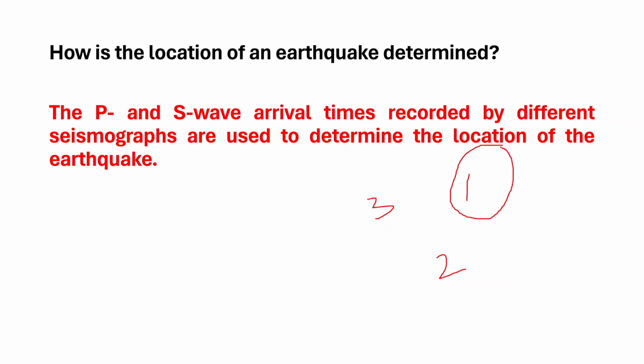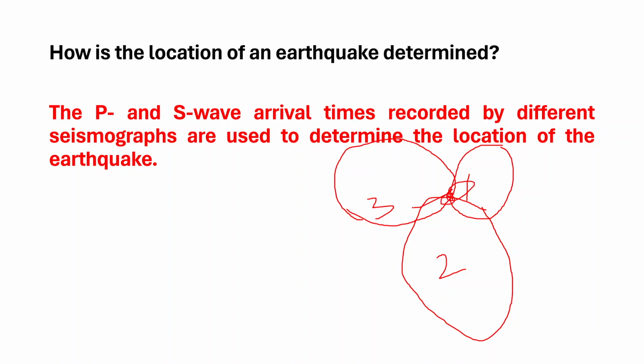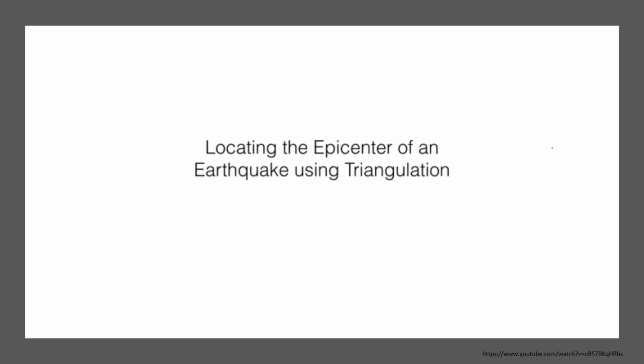Let's say one circle is like this, the second circle is like this, and the third circle might be like this. The point where all three circles intersect will be your earthquake's location, the point of origin. This will be a bit more clear for you with this. It's known as triangulation.